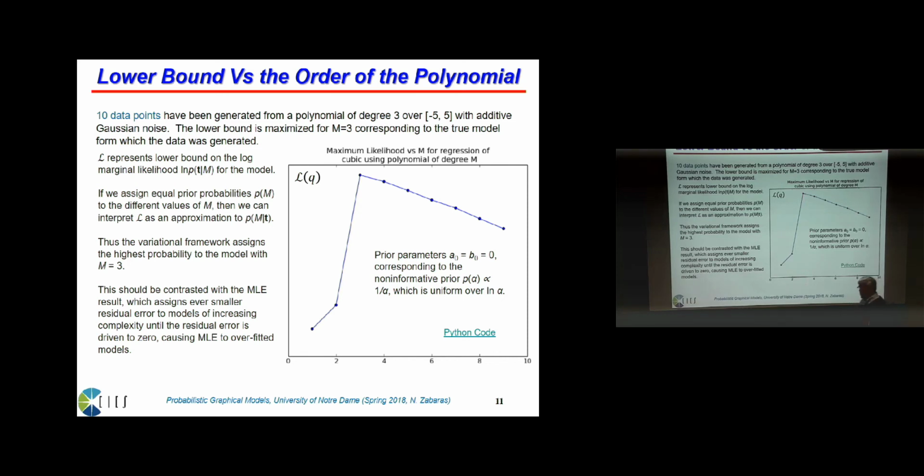I remind you that in Bayesian regression you do a similar plot, but instead of plotting the lower bound, you plot the model evidence, because we can calculate it exactly for this trivial problem. But this idea of L of Q is very powerful because in problems where the model evidence cannot be calculated, you can calculate L of Q.